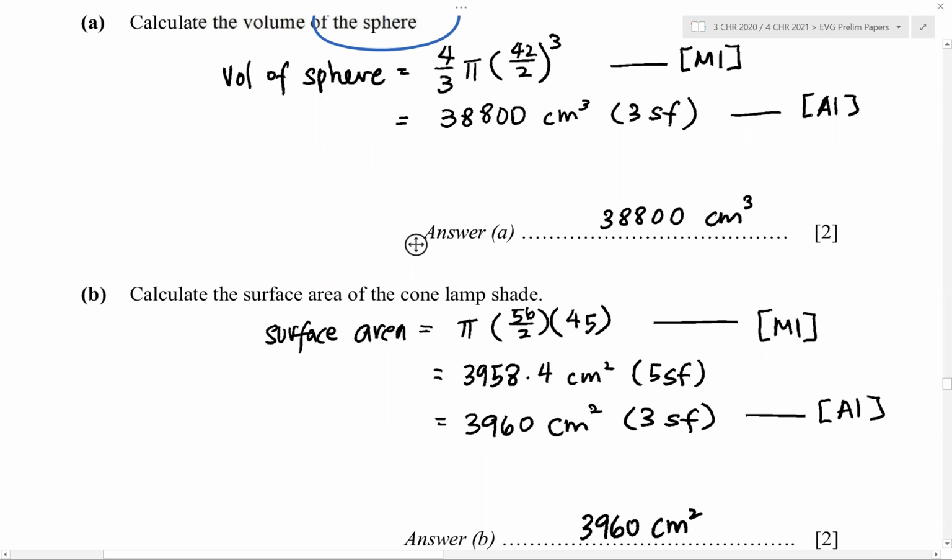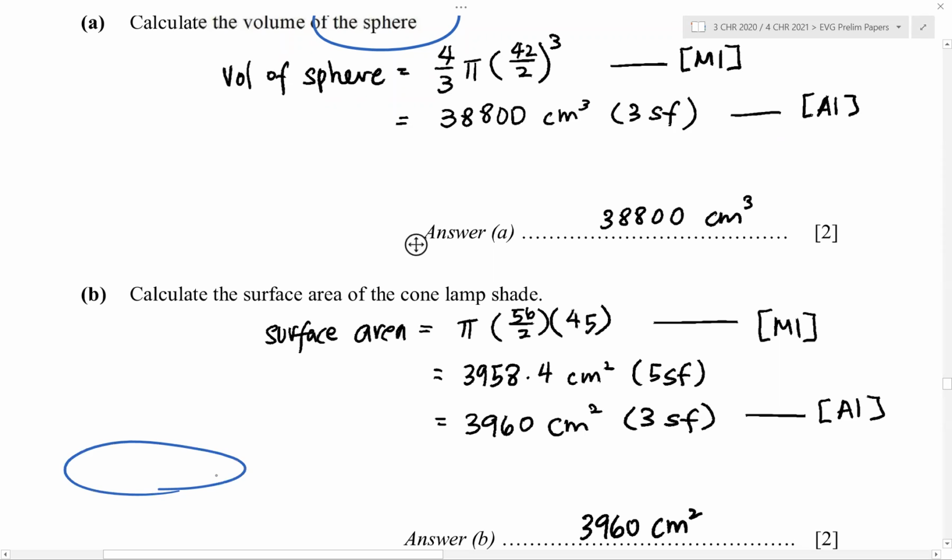You just need to be aware what L stands for in the pi RL for curved surface area of a cone. Yes, length, slant height, the slant length.